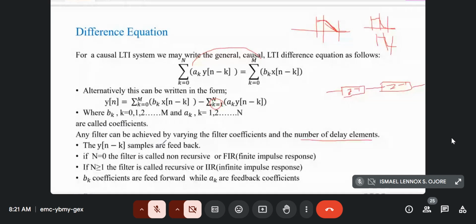Any filter can be achieved by varying the filter coefficients and the number of delay elements. The number of delay elements will depend on what you want to achieve.